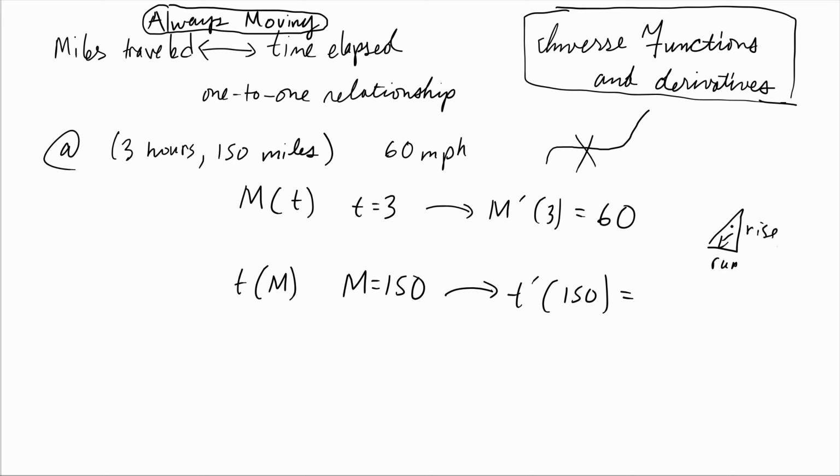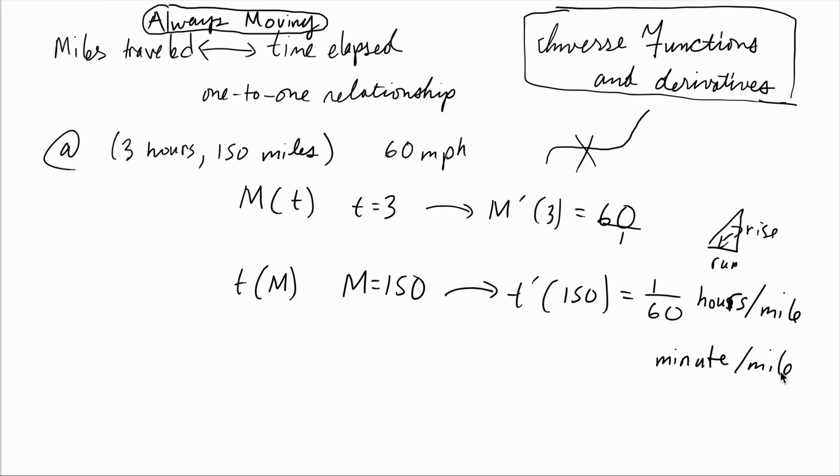So when they swap places, won't our fraction here, 60 over 1, just be reciprocated? And it is, 1 over 60. So what would the units be? Well, time is hours. So 1 over 60 hours per input mile. So 1 over 60 hours is the same thing as a minute. It's about a minute every mile.